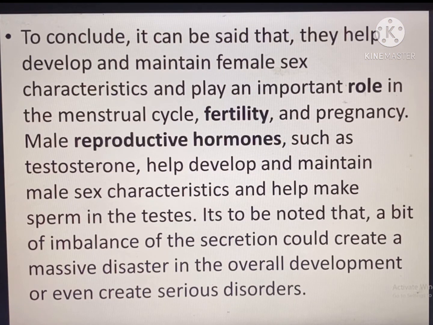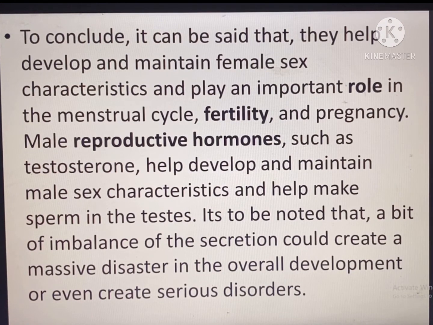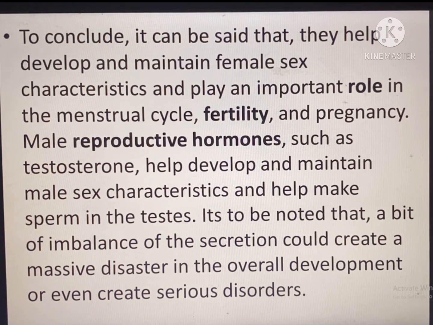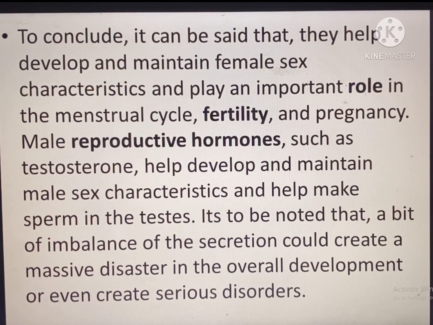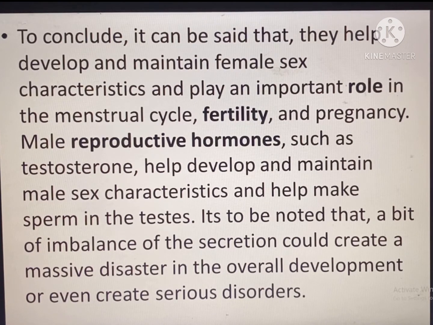It can be said that they help to develop and maintain female sex characteristics and play important roles in the menstrual cycle, fertility and pregnancy. Male reproductive hormones such as testosterone help develop and maintain male sex characteristics and help make sperms in the testes.